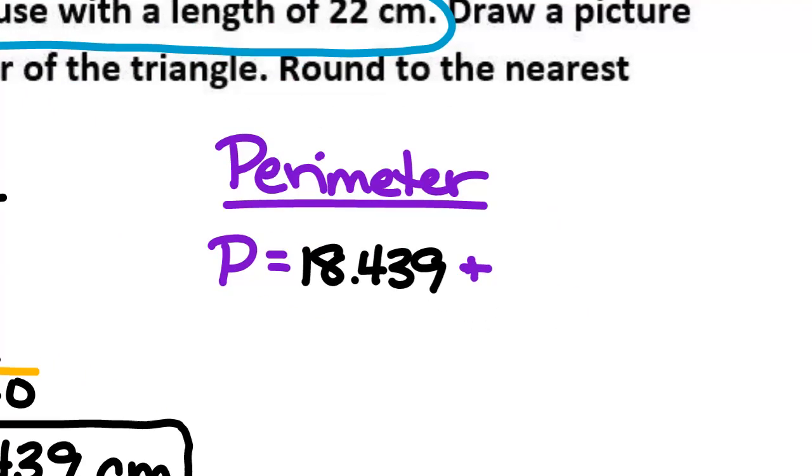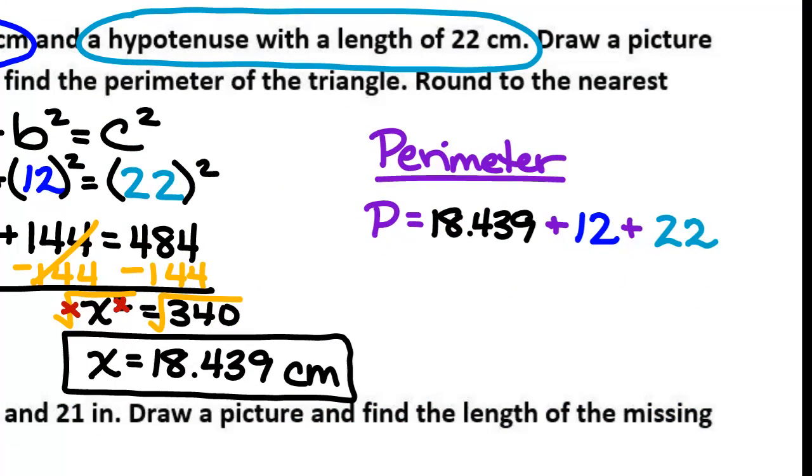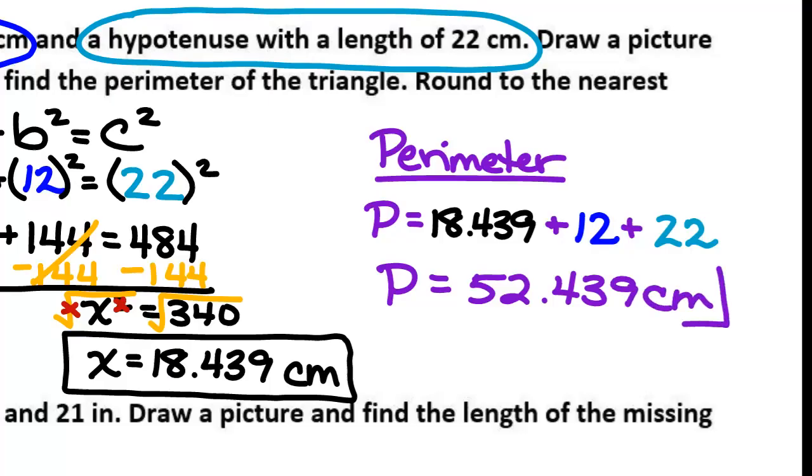Plus, and then we had a side that was 12. Plus, and then our hypotenuse was 22. So we add all of those pieces together, and we get what? 52.439 centimeters. Very nice.